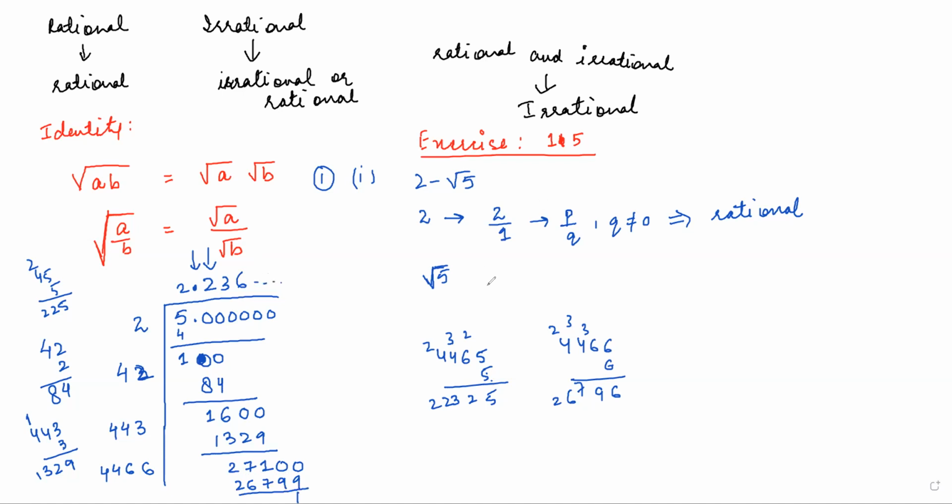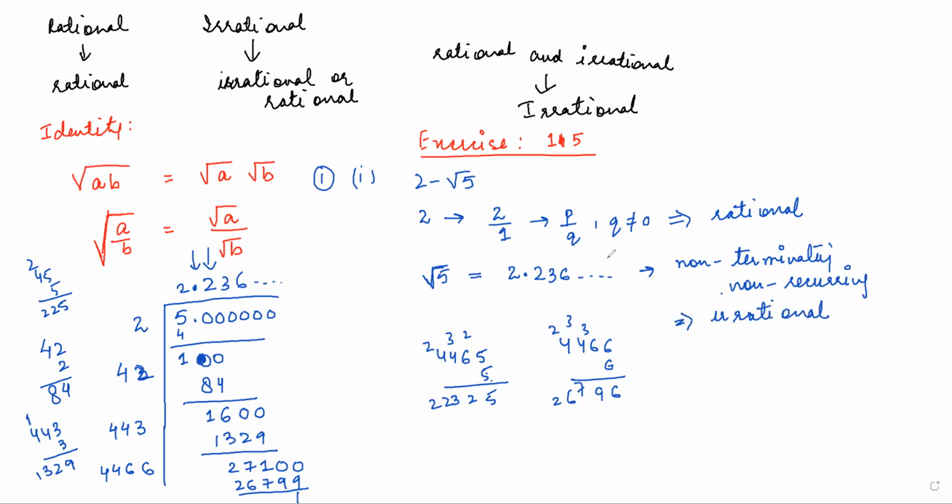So my under root 5 is actually equal to 2.236 and so on. It is non-terminating, and non-recurring also. We know such types of numbers are irrational. So now one number is rational, another number is irrational.